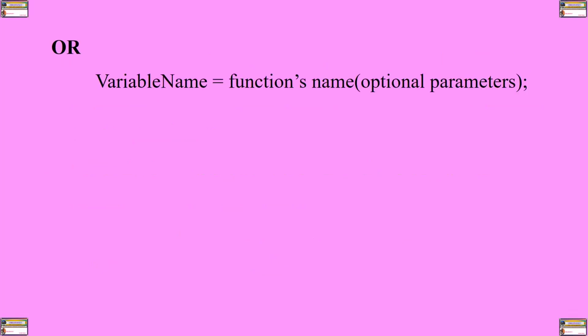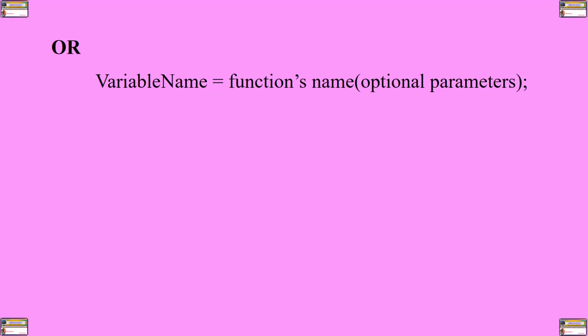Or if the function is supposed to return a value to the caller, then the value which is being returned should be assigned to a certain memory location. So in this case, this statement is a call statement which is invoking a function, that is the function's name, and you are passing some parameters or some values into that function.